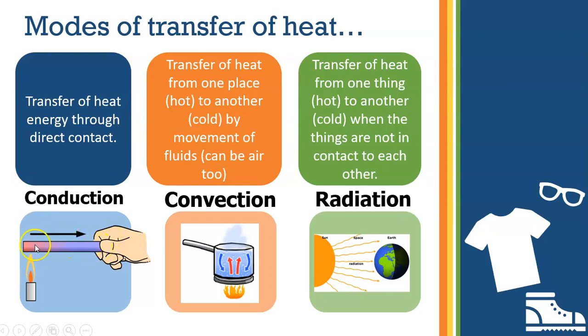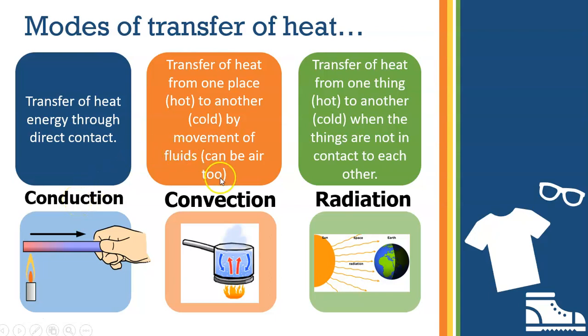So this type of heat transfer through direct contact, meaning we are touching that particular metal rod and this metal rod is also touching the flame, this direct contact transfer of heat is known as conduction. So transfer of heat energy through direct contact is conduction.